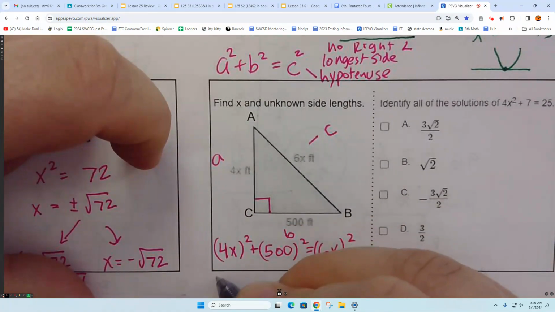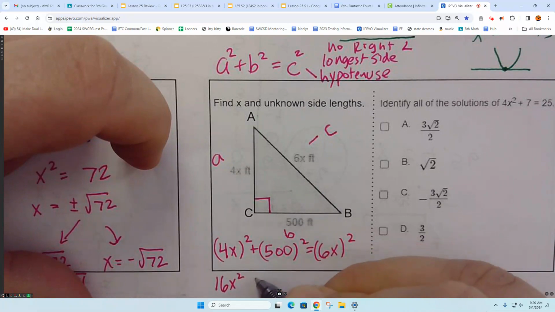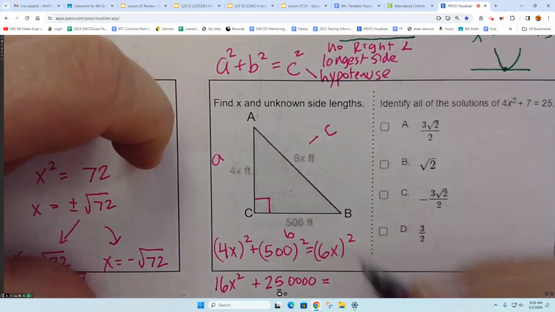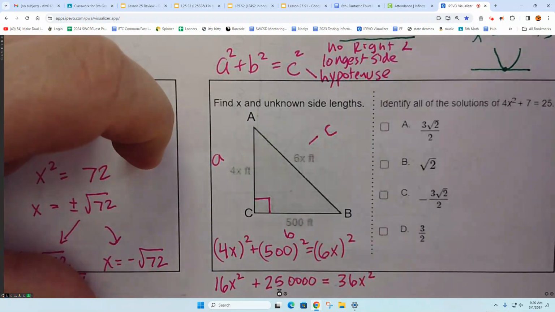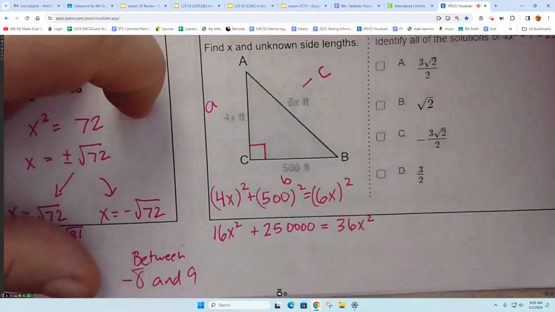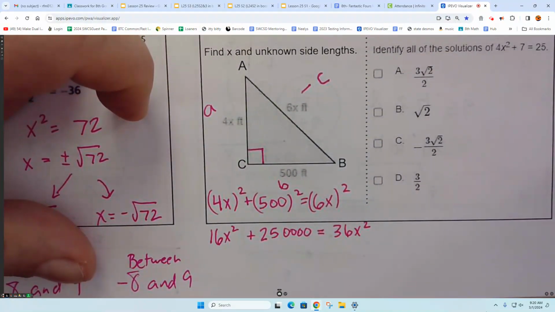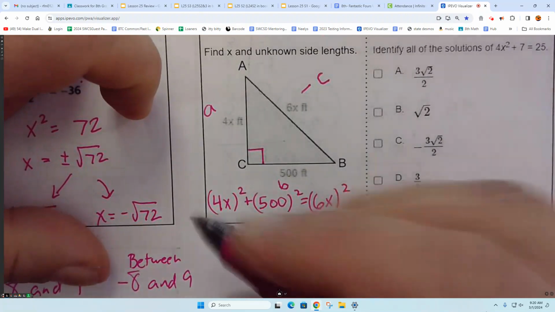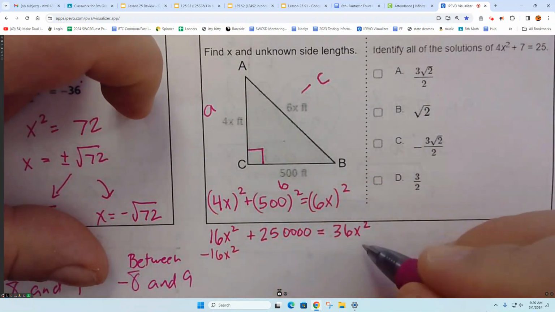So then I get 16x squared plus 25 with how many zeros? 4, good, equals 36x squared. When there's only one type of x, we can just solve this. What do I do next? Okay, subtract 16x squared from both sides.